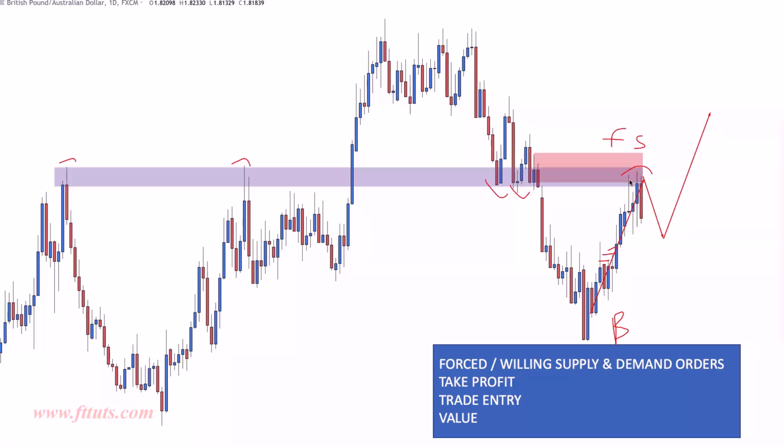So if they're entering short, that's a sell, that's more supply, so that's willing supply. So not only do you have forced supply, you have willing supply from new traders getting in shorts, entering based off of that level and how price action reacts. Some people just place pending orders at this level because they just trade support and resistance levels.